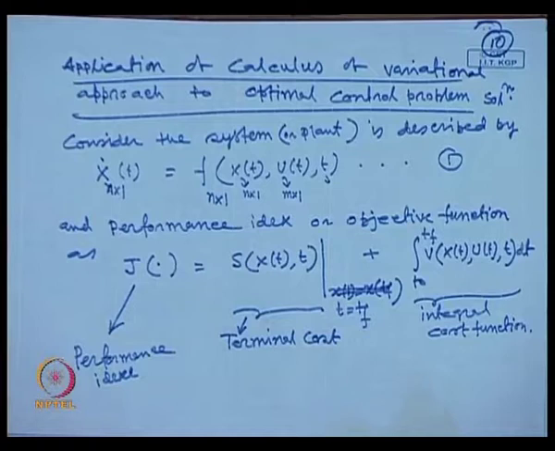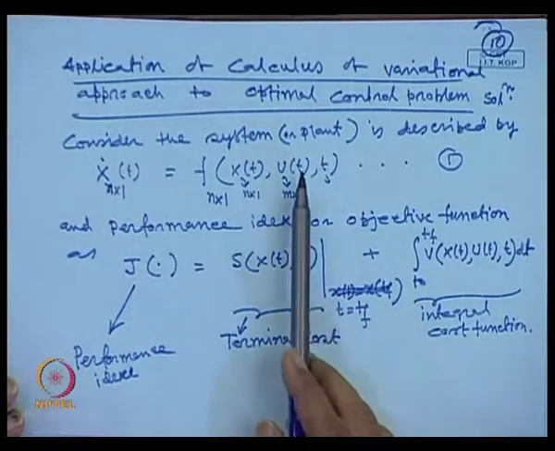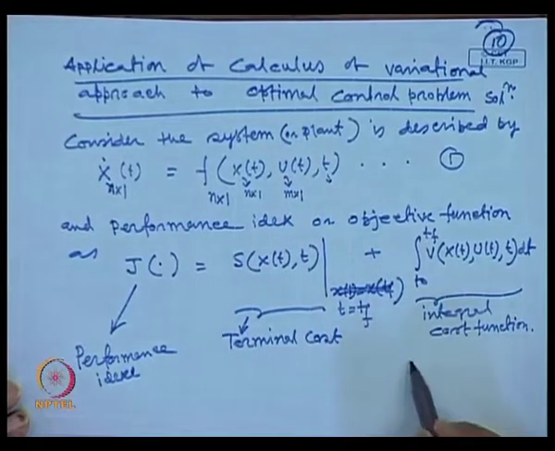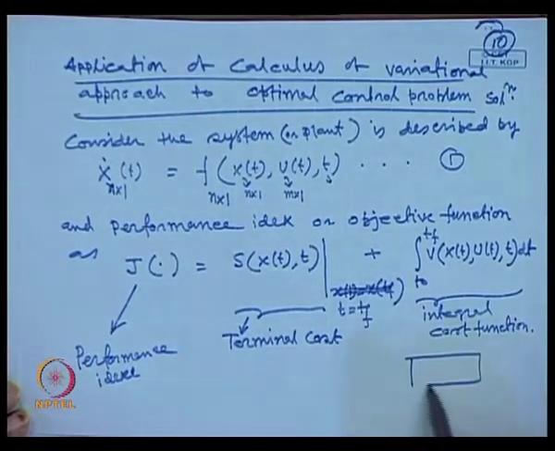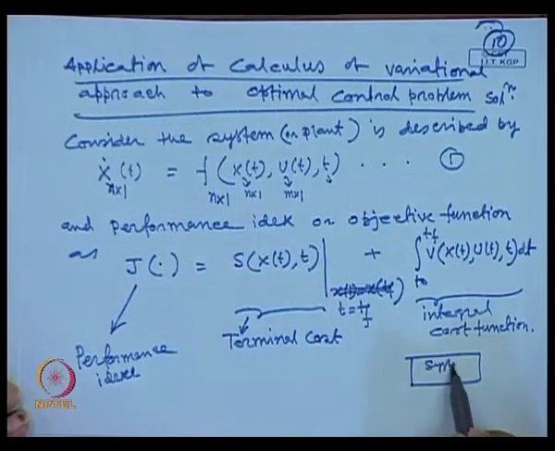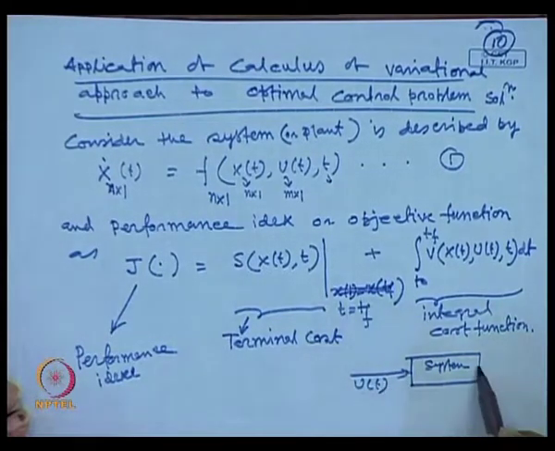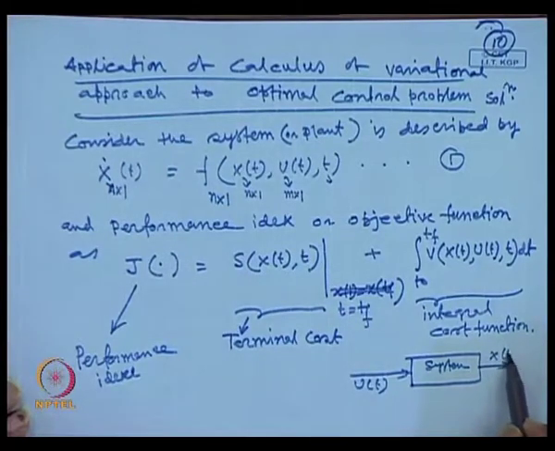So, our objective is to find a control signal for the system. Suppose we have a system, and we apply the input u of t, and let us call the states the output. So, we are accessing the states.